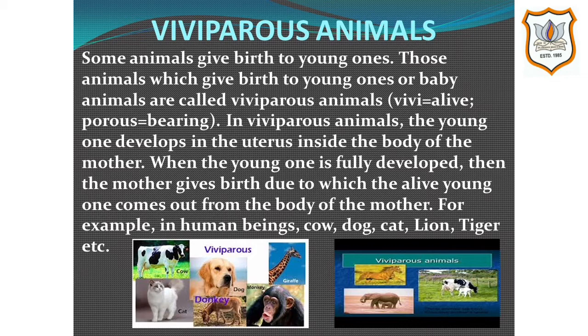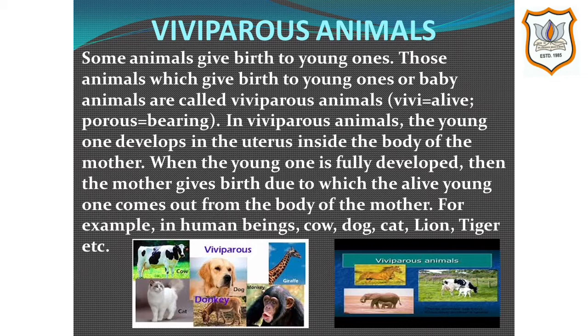When the young one is fully developed, then the mother gives birth, due to which the alive young one or baby animal comes out from the body of the mother. The viviparous animals do not lay eggs outside their body like the birds and reptiles do. In the viviparous animals, the mother gives birth to a fully developed baby animal called young one.